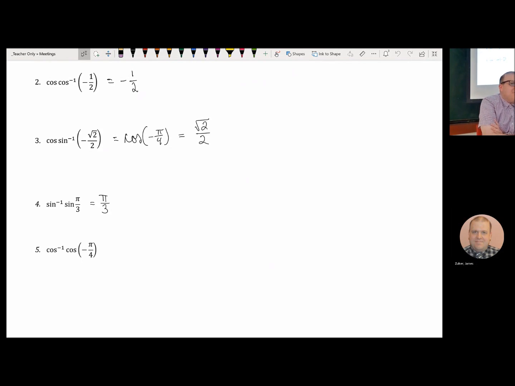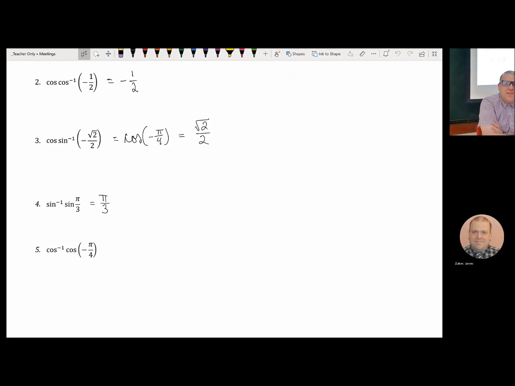No. Damn, I'm going to trick you. So you'd say minus pi over 4. So I could laugh. You're right. Has to be in the range. So what, we just use the reference angle?